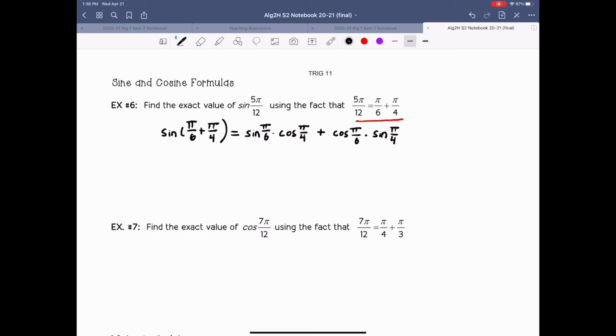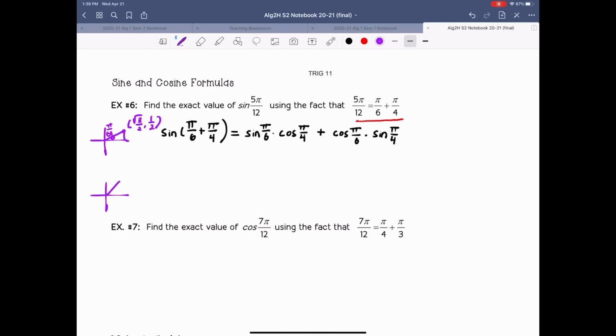So now, in order to simplify this, we just have to evaluate the trig functions at the angles pi over 6 and pi over 4. So let's sketch these and their location on the unit circle, just so we have an idea. Pi over 6 is going to have a point of intersection with the unit circle at the point (root 3 over 2, 1 over 2). So we know the cosine is root 3 over 2, the sine is 1 over 2.